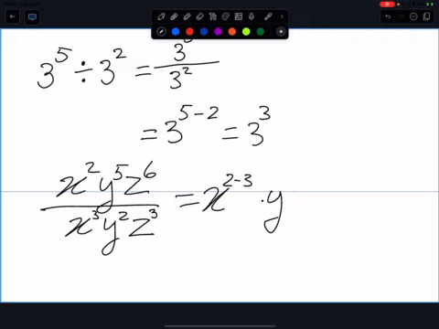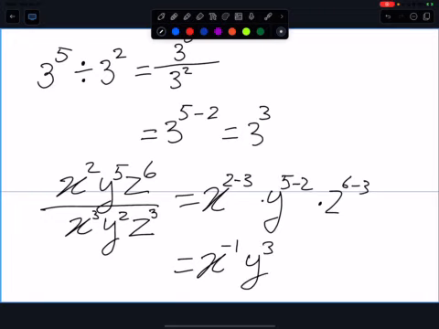Multiplied by y. That's it. You just keep doing the same things over and over again. They just become more and more, but you keep applying the same principles. Nothing changes.